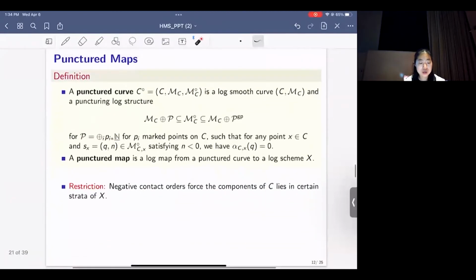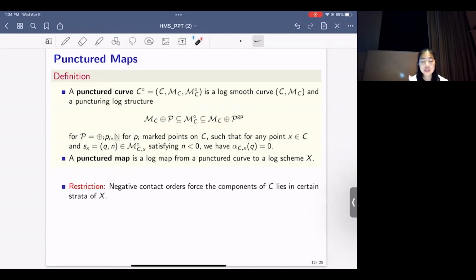So a punctured curve is a log smooth curve together with another puncturing structure, where here we select a bunch of marked points, and we allow negative elements coming from those marked points.